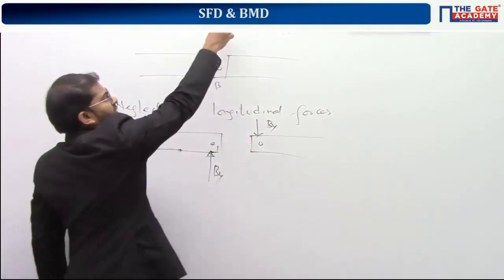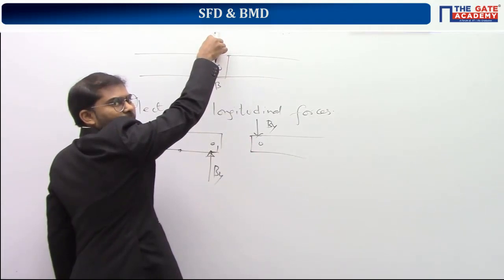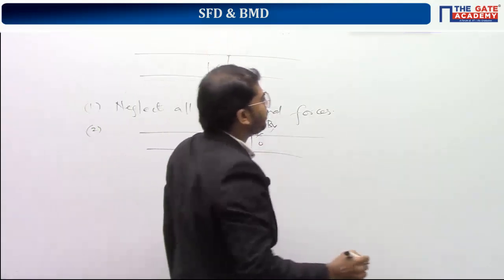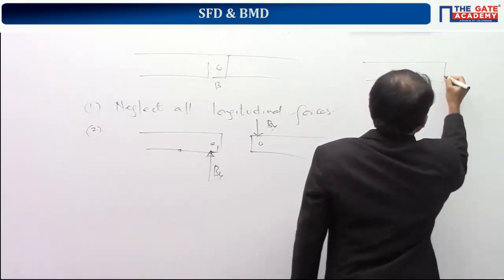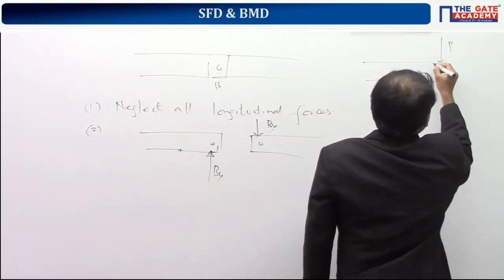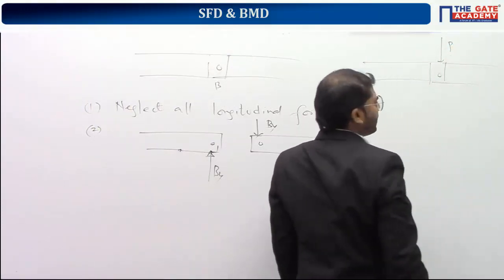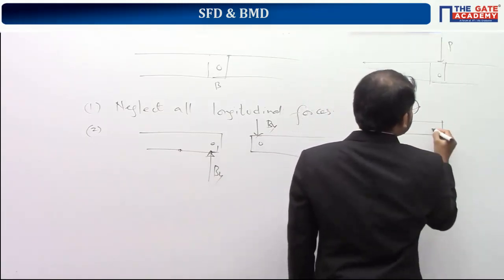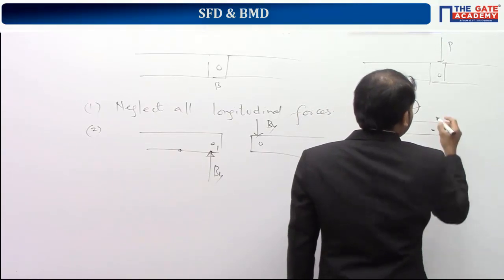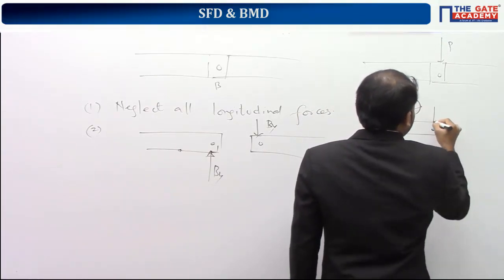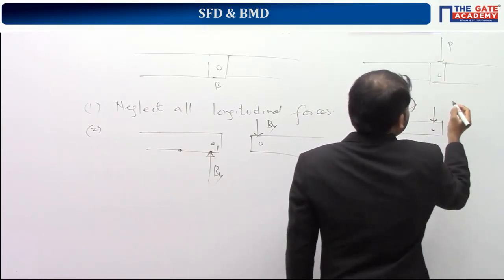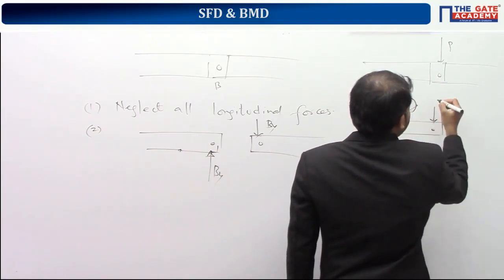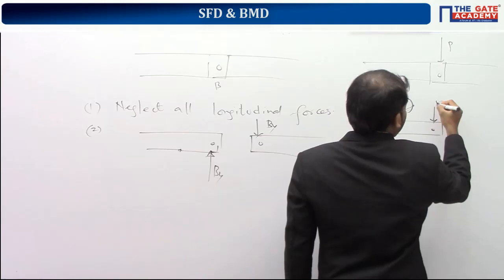Understand? For example, you have a load like this. So both should add up to this value. For example, you have a scenario where the applied load is P here. I am just giving an example to make you understand. At this location, the external load is P. So what you should do is apply like this. Out of P, some value, let's take it as K, is going onto this one here.